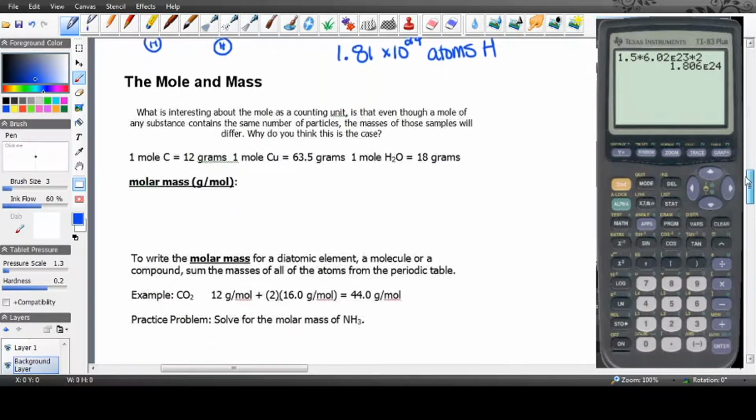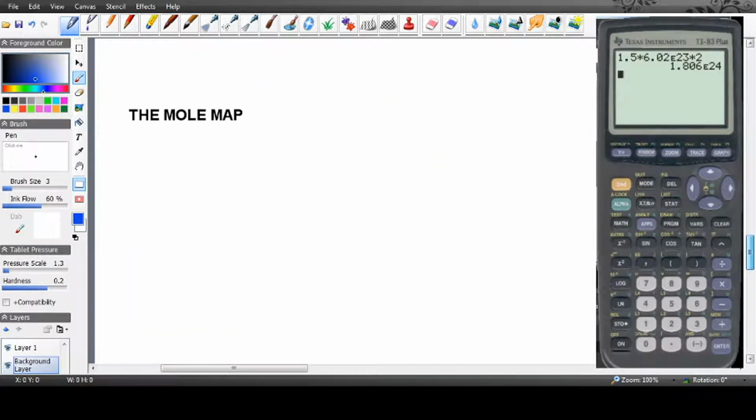So I'm just going to go ahead and scroll to the bottom of my page here where I left myself some space for the mole map. Okay, so the mole map looks like this.